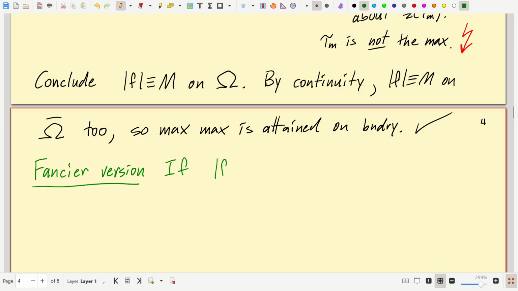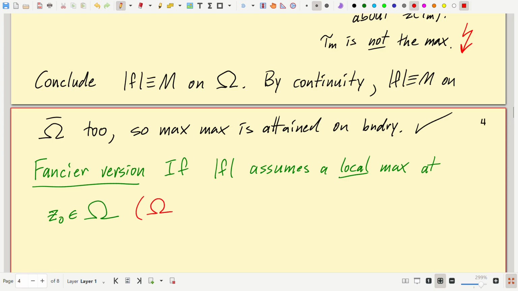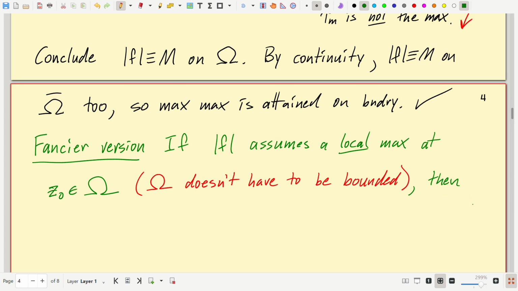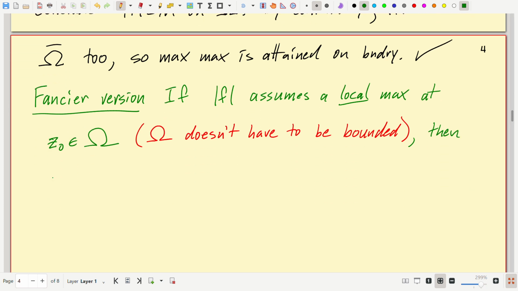If f assumes a local max at a point z naught in omega, and in this case omega doesn't have to be bounded, then f is constant on omega.